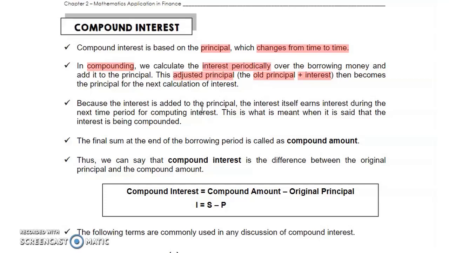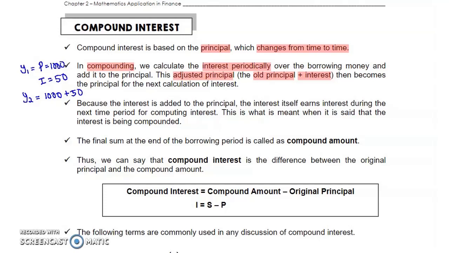Meaning to say that, for example, let's say in year 1, you borrow P, let's say 1,000 ringgit. After 1 year, you need to pay interest of, for example, 50 ringgit. So in year 2, your principal will be your original principal 1,000 plus 50 ringgit.